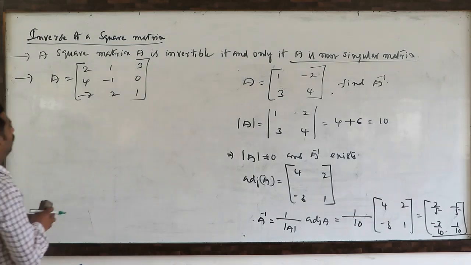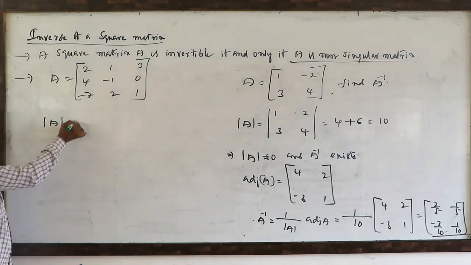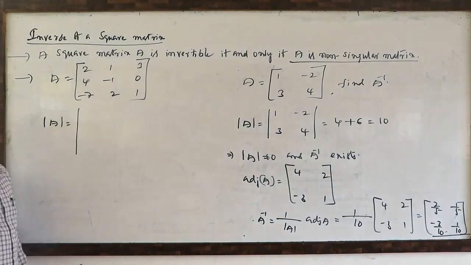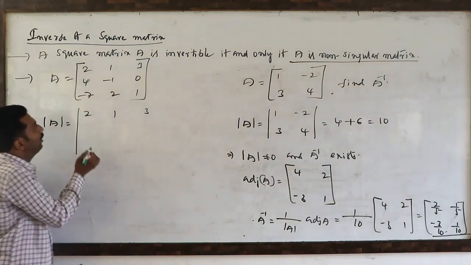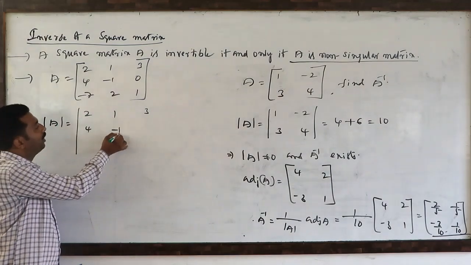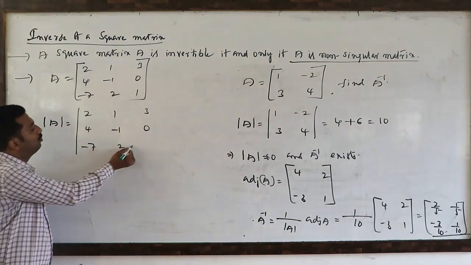See, what is our algorithm? First, determinant of A you have to calculate. Determinant of A: 2, 1, 3, 4, minus 1, 0, minus 7, 2, 1.